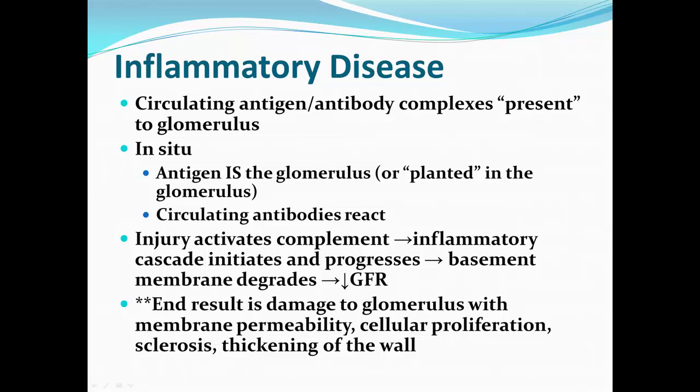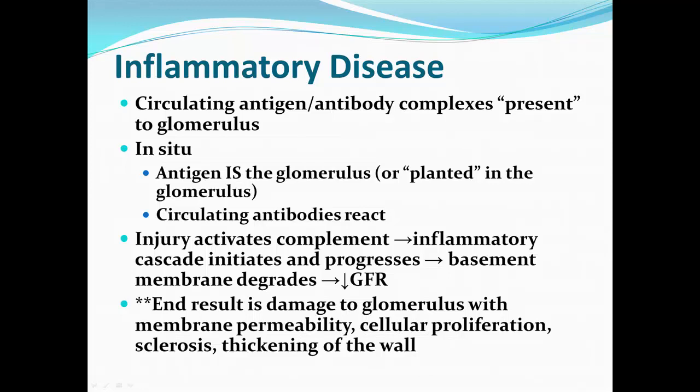So as we take a closer look then at some glomerular diseases, let's look first at some inflammation-based glomerular diseases. A couple of things that we want to think about in the inflammatory disease states that affect the kidneys. There are basically two different ways that the inflammatory process gets to the kidneys.